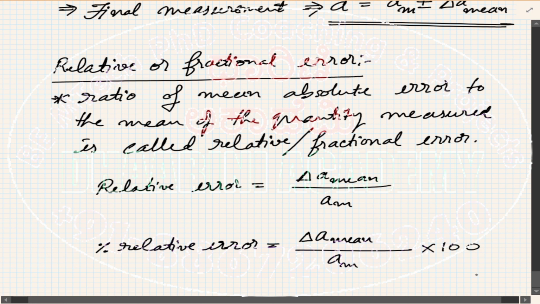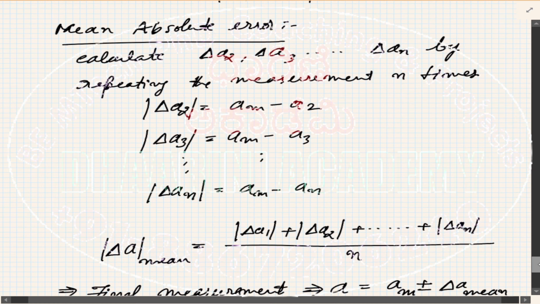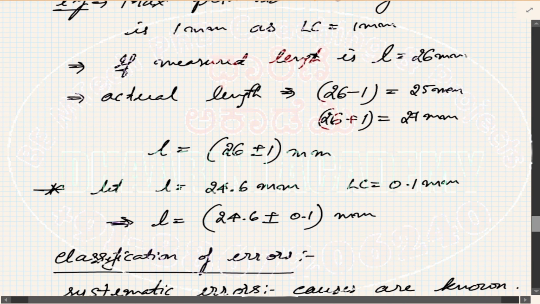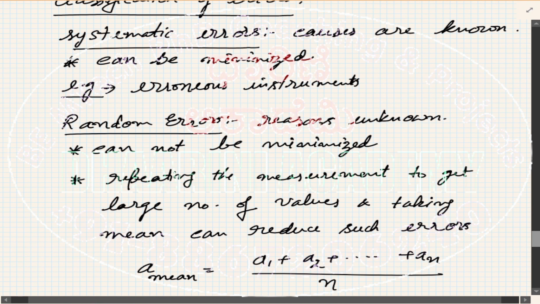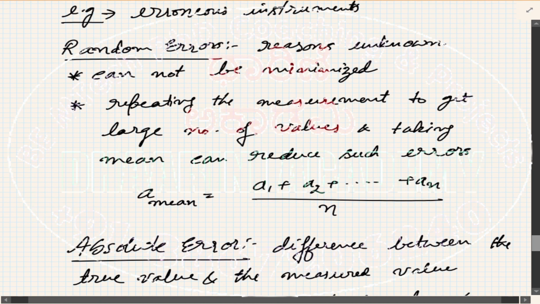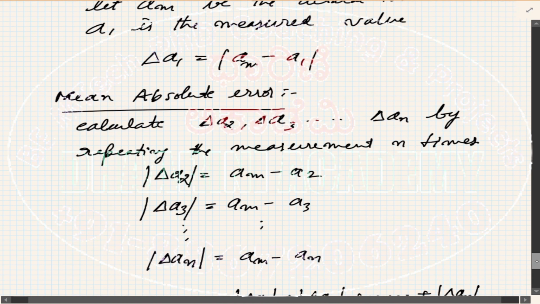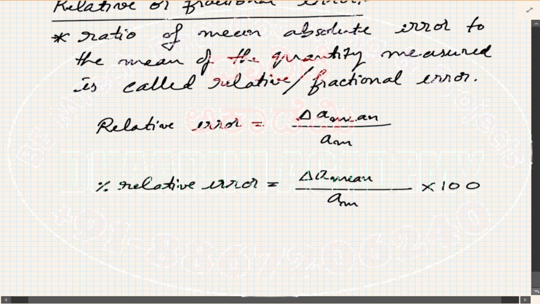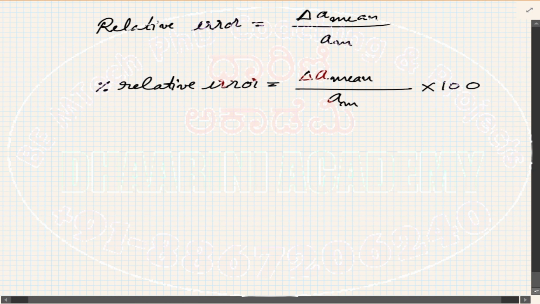Okay, now let's go to a problem. Let's solve a simple problem using which we understand all concepts like what is systematic, what is random, what is absolute, what is mean absolute, and what is relative. The question is like this.